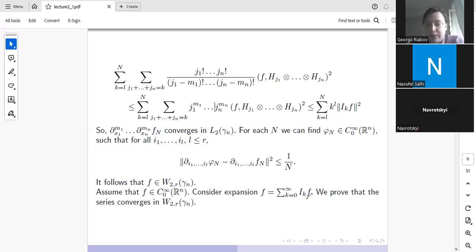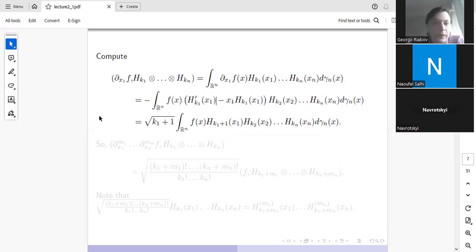This series converges in L2, but we will now check that it actually converges in the Sobolev space. To do this, we find the expansion for all derivatives of F.